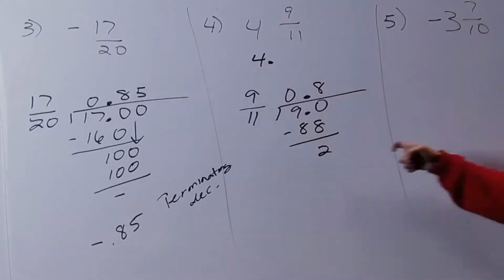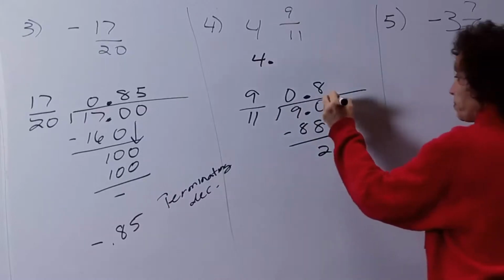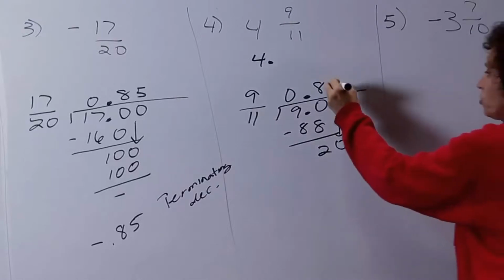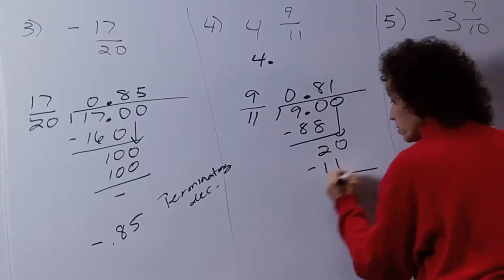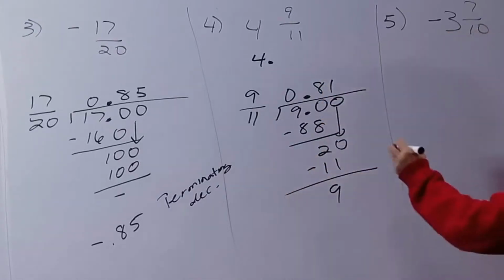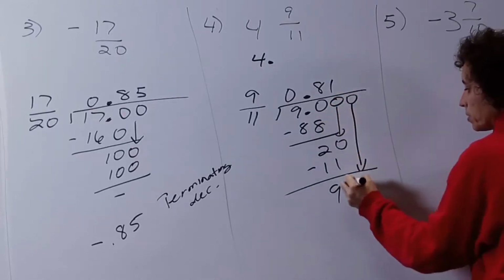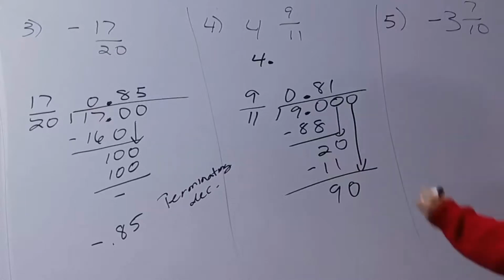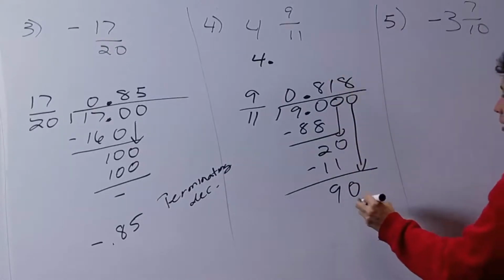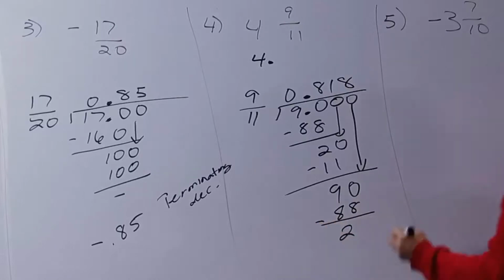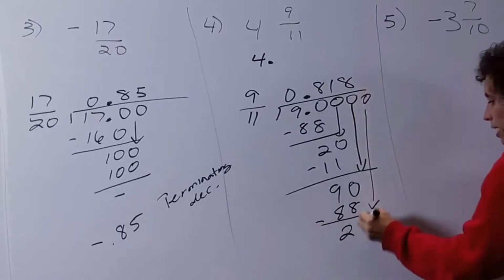Got to add a 0. Can't have a remainder with a decimal. 11 into 20 goes once. That's 9. Add the 0. 11 into 90 goes 8. Oh, I see something going on here. Hope you see it. That's 88. Remainder 2. Here we go again.